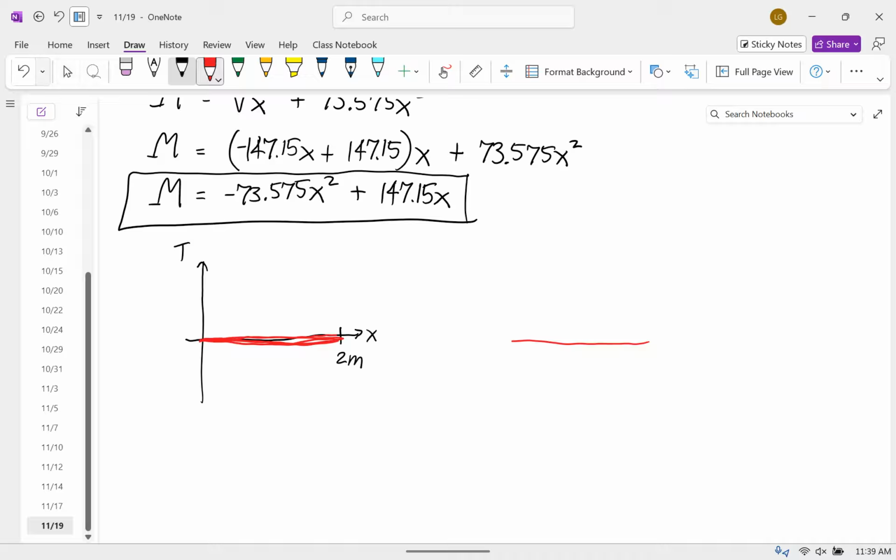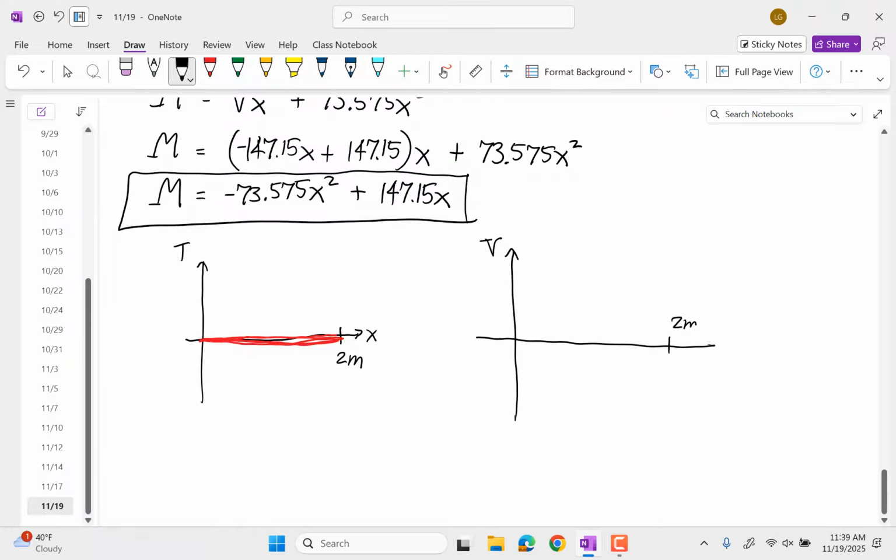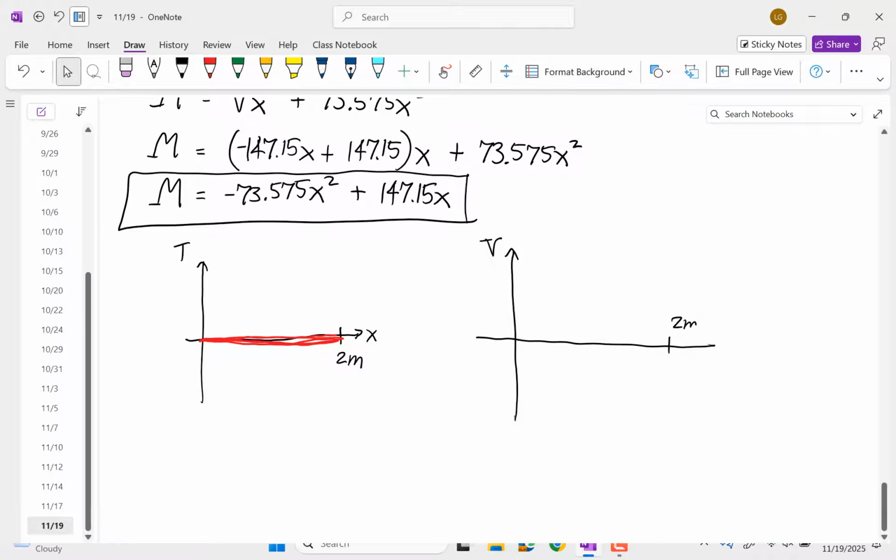The shear force as a function of x looks like this.